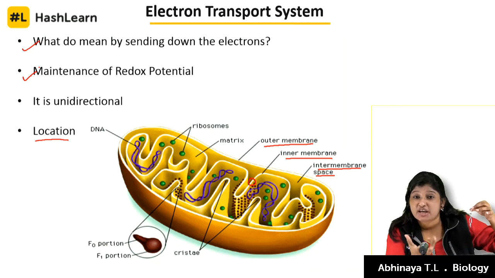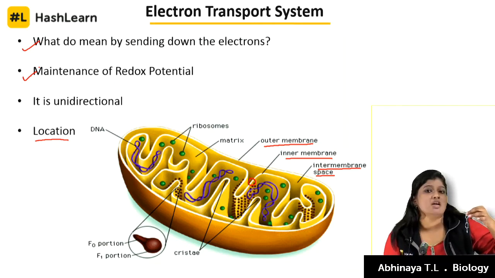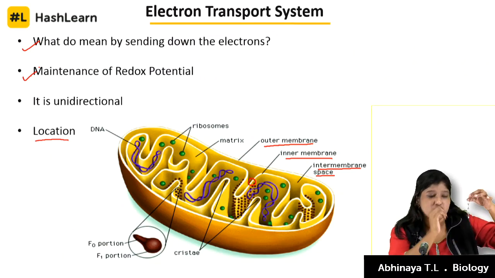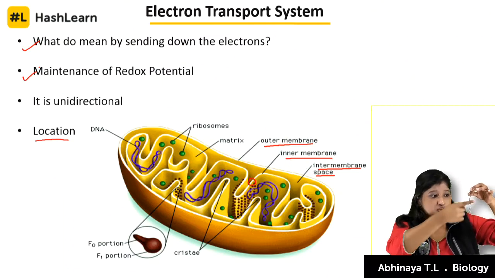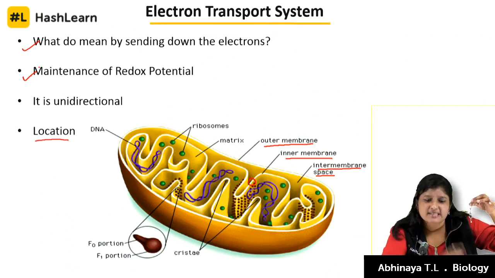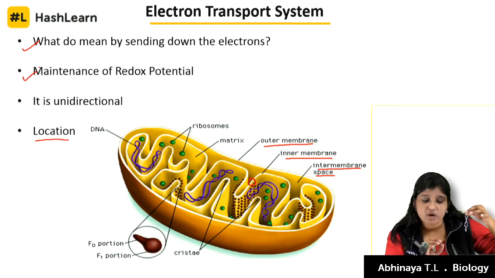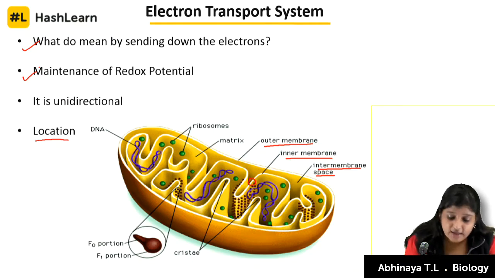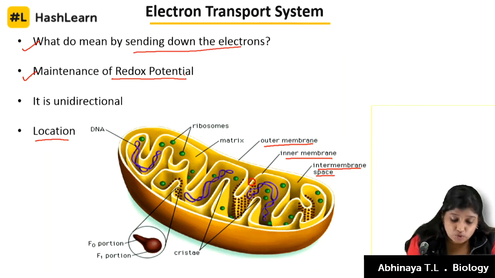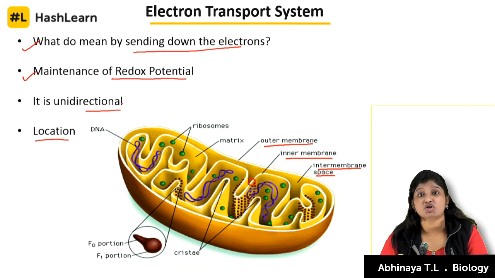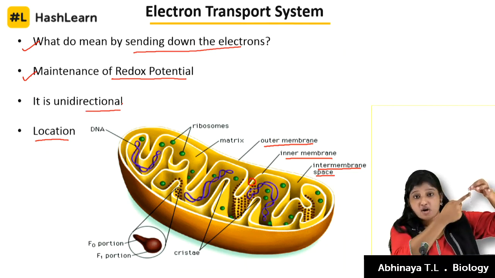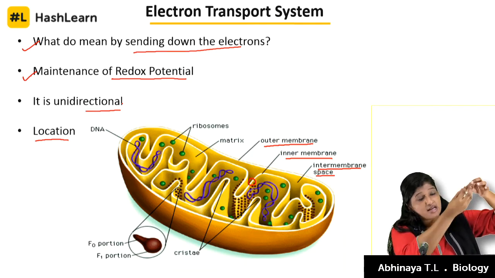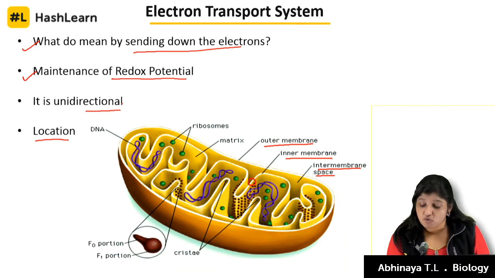Maintaining that redox state is called redox potential. From higher redox potential to lower redox potential, the electrons keep moving. So this is what we meant by sending down the electrons by maintaining the redox potential. That's why ETC becomes unidirectional. That means from the lower redox potential, from down to the higher complexes, the electrons cannot move.